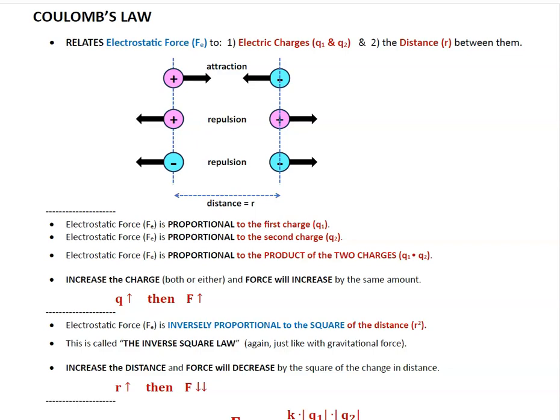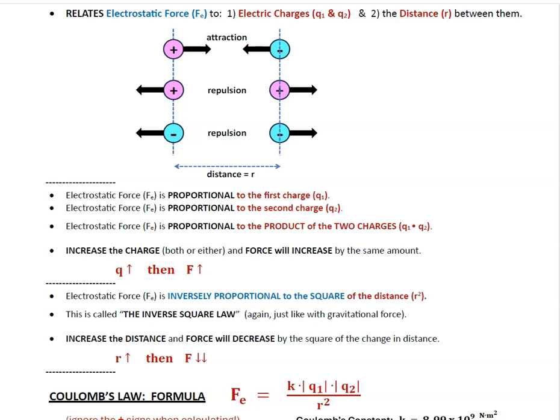Remembering that if you have opposite charges, that is a positive and a negative charge, they're going to attract. And if you have like charges, two positives or two negatives, they will repel, as shown in this diagram. What Coulomb discovered from his measurements was that electrostatic force is proportional to the size of the first charge, and it's also proportional to the size of the second charge.